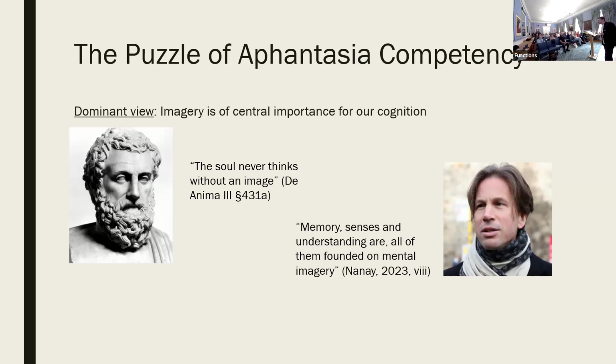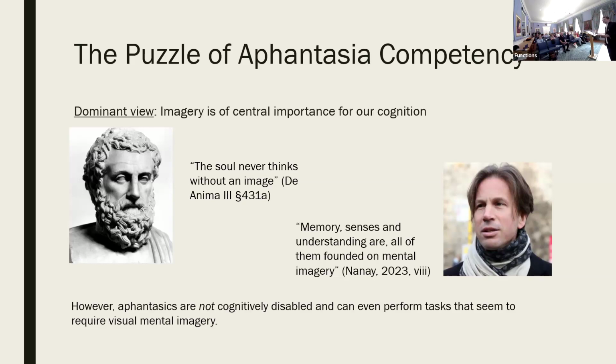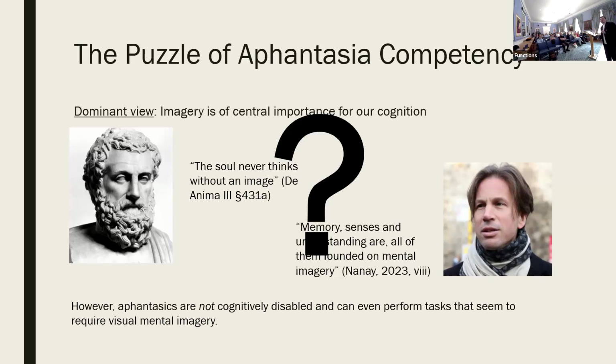We would expect these people to be quite cognitively disabled or impaired, right? However, interestingly, as I will show in this presentation, aphantasics are not just not gravely cognitively disabled, they are even able to solve tasks that were supposed to require the explicit use of visual mental imagery. So this then naturally calls the dominant view into question.